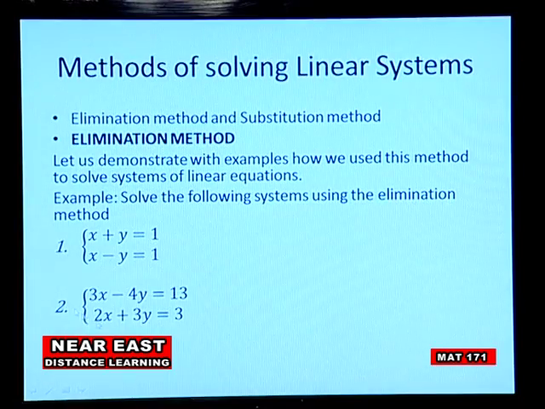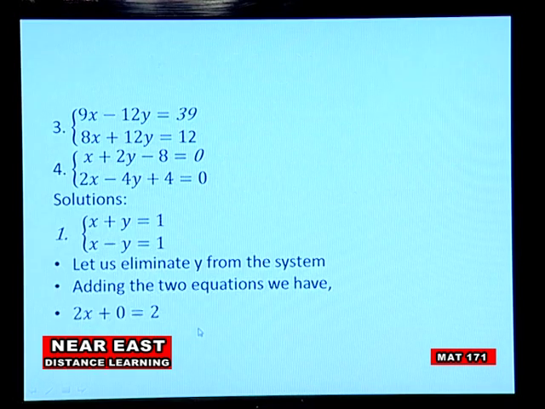We normally represent systems in this form. The first question is saying x plus y equal to 1 and x minus y equal to 1. The second example is saying 3x minus 4y equal to 13 and 2x plus 3y equal to 3, and then the third and the fourth examples.